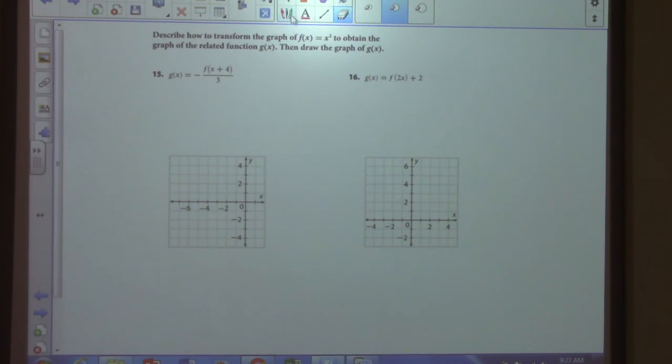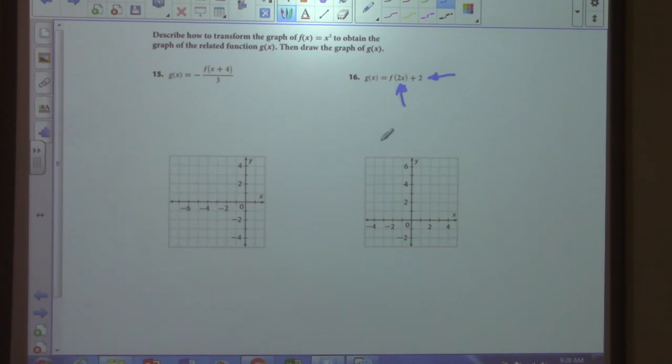What is this going to look like? What is this 2 right here going to do?